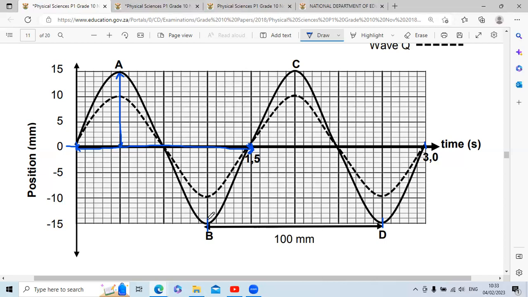So the distance covered by one wave, what do we call that? Or let's say the distance of one wave or the length of one wave. I think saying length is much better. So can you tell me what we call the length of one wave?